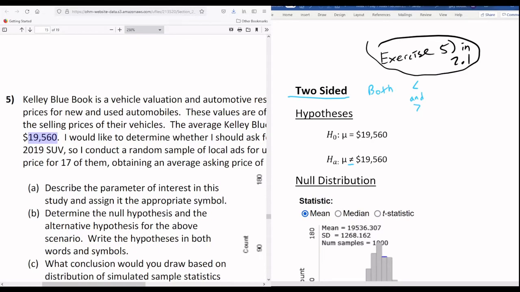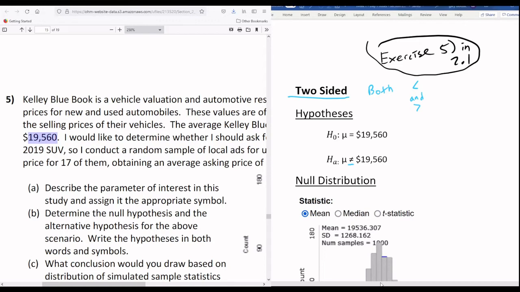This value has just given us our parameter, our guess at what it could be. Now we need to decide whether our alternative is going to be that in our area it's not this, or whether we have a specific reason to think that in our area it's selling for more. Maybe you live in a more expensive area, where food is more expensive, incomes are higher, and housing is more expensive, so I might expect cars to go for more money too.